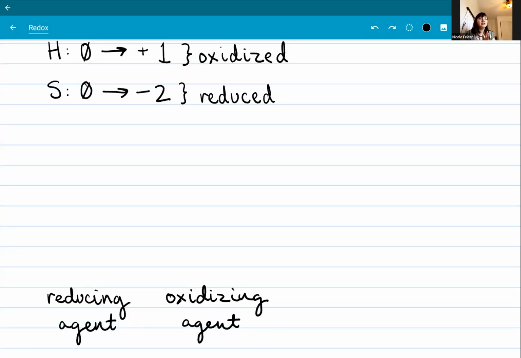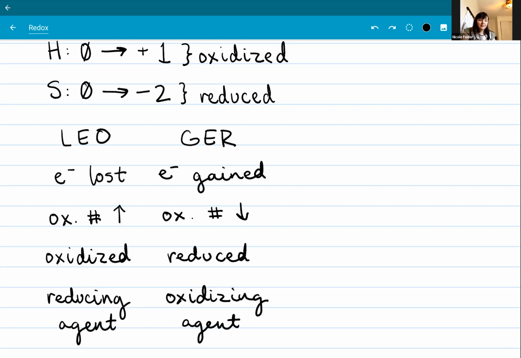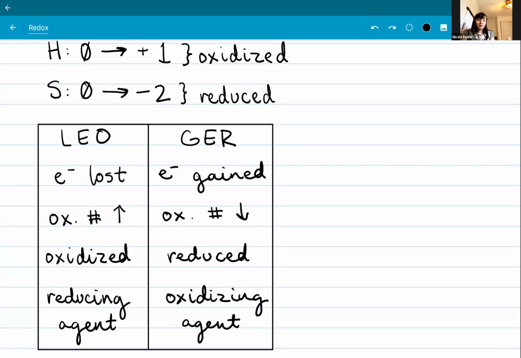I know it's a little confusing and sort of in the passive voice, but to be clear, the reducing agent does the reducing and therefore gets oxidized. And the oxidizing agent does the oxidizing, getting reduced. So putting it all together, I've listed out all of these different traits or names of the chemicals involved, and they really boil down to one thing: where the electrons are going.